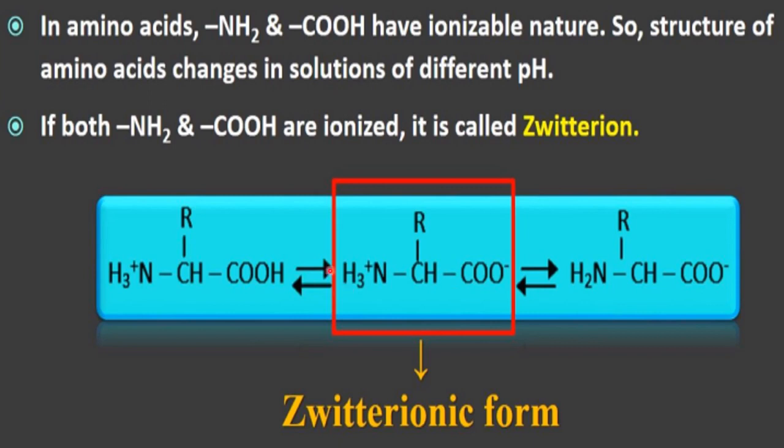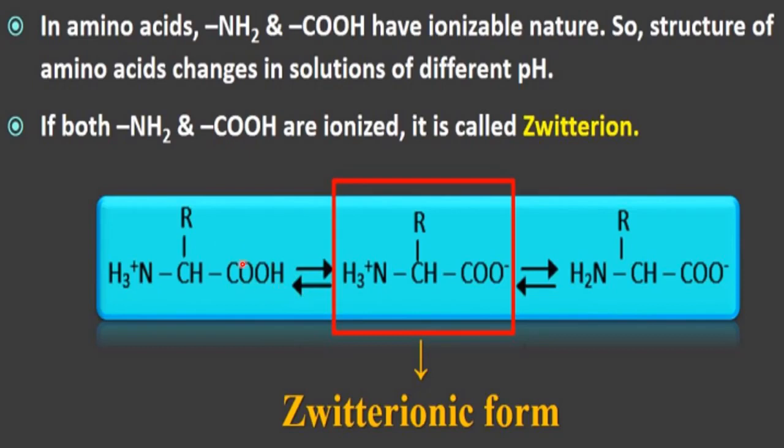Okay, when the solution is acidic solution means less pH, okay, and more concentration of hydrogen ions, right? So if there is more concentration of hydrogen ions, obviously this group will obtain that hydrogen ion, that hydrogen ion will attach with it, right? So this structure of amino acid will be there.